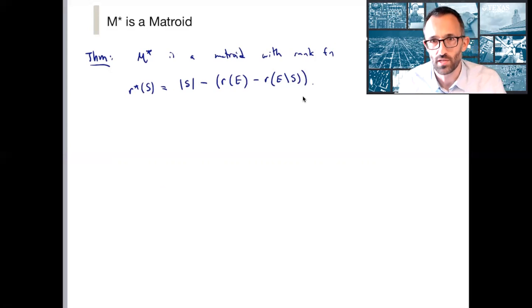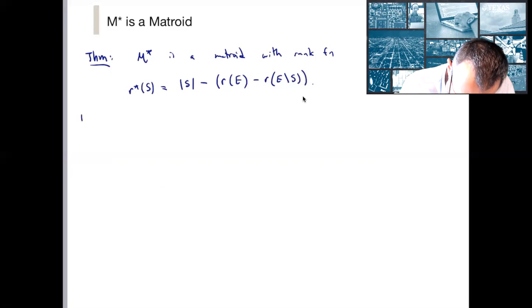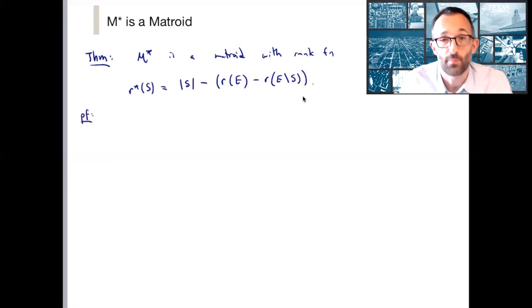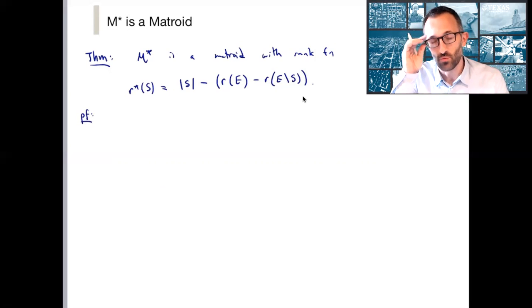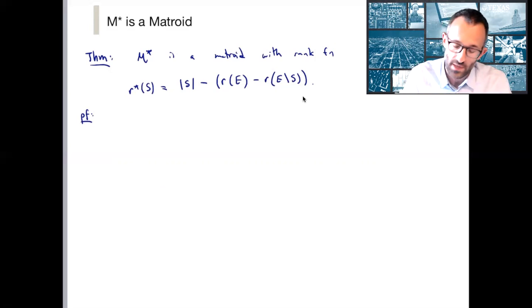We'll show this by direct computation. Actually, submodularity is the only thing we need to show; the other two properties are straightforward. Once we've shown that R star is the rank function of a matroid, we'll show that it is the rank function of M star.